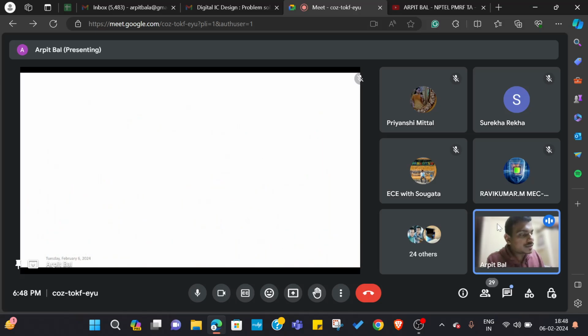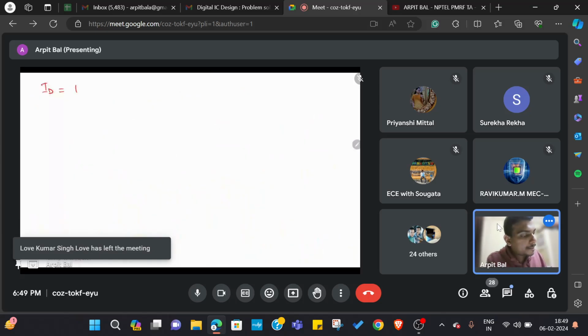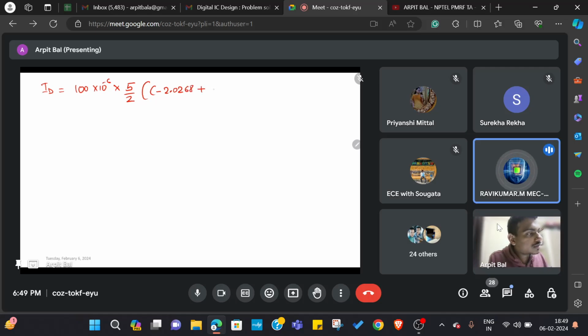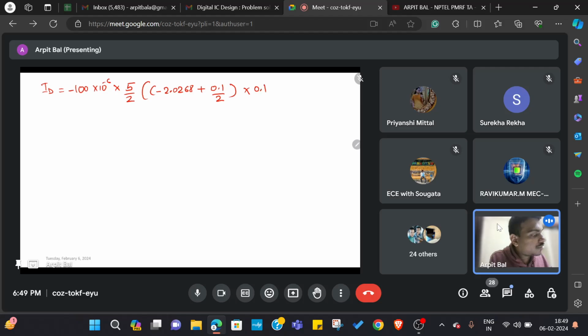So using the unified ID equation, we can write it. Kp was given to us as 100. So 100 into 10 power minus 6 into 5 by 2 into VGS minus VTH, that was minus 2.0268, plus 0.1 by 2 into 0.1.